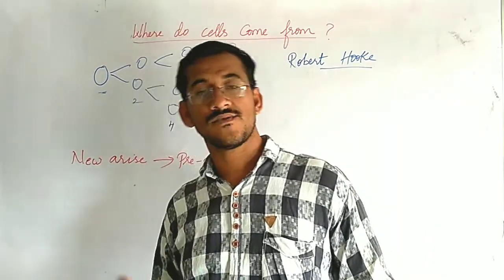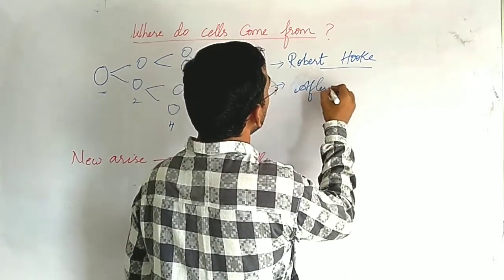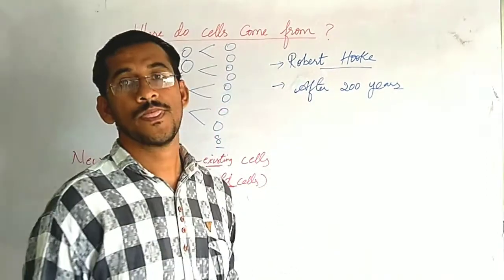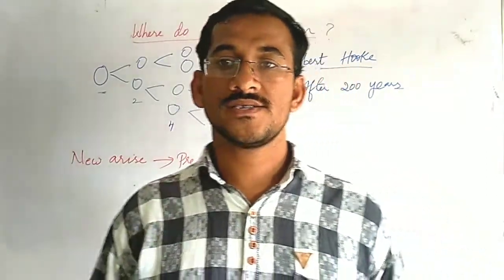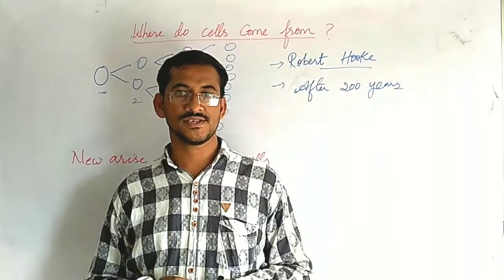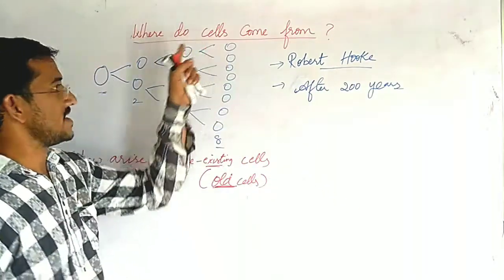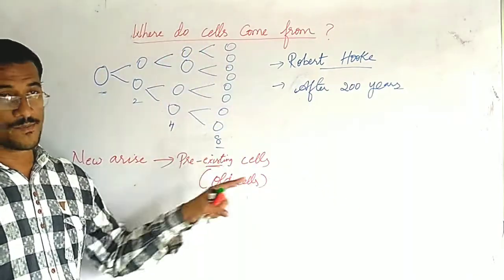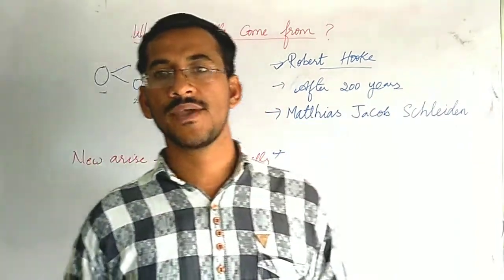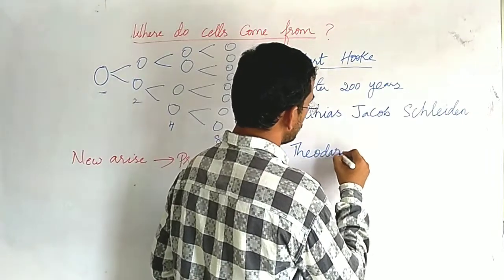After 200 years, Matthias Jacob Schleiden and Theodor Schwann, these two scientists studied the cell again and proposed cell theory.